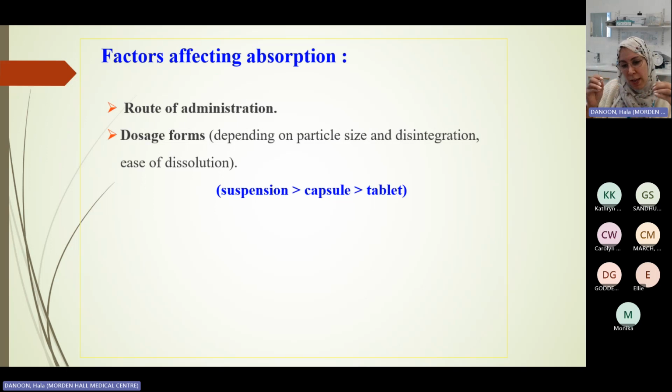So, for example, if you have this medication in a suspension, it's widely available for the body to absorb more easily. Whereas if you have a tablet, you can imagine this is one solid piece that needs to be disintegrated in your stomach, and then it needs to go to your intestines and then gets absorbed.